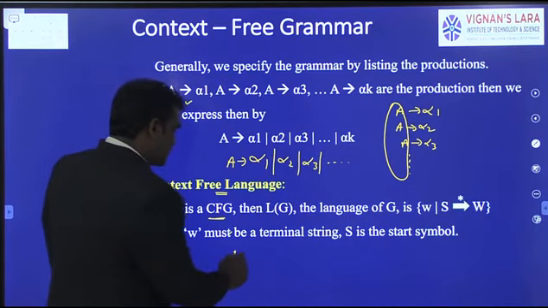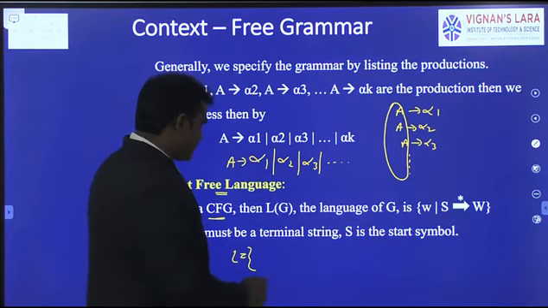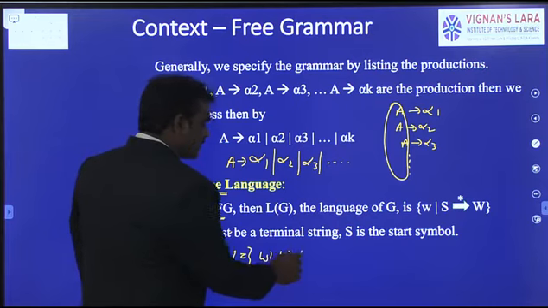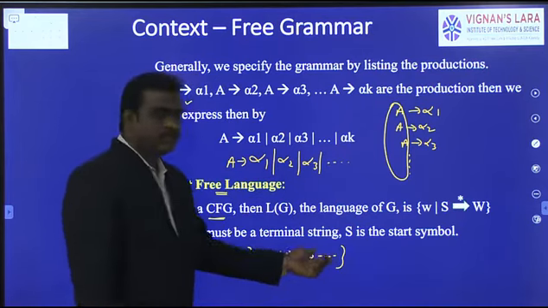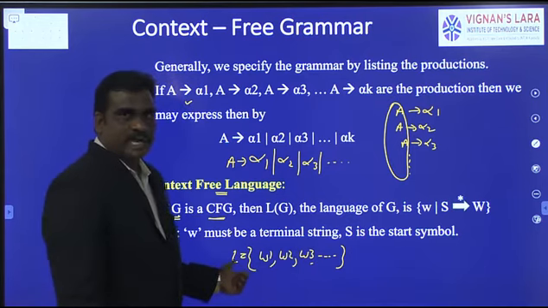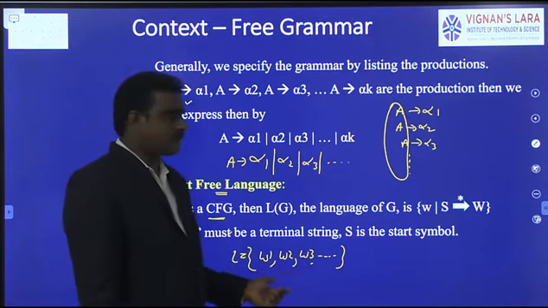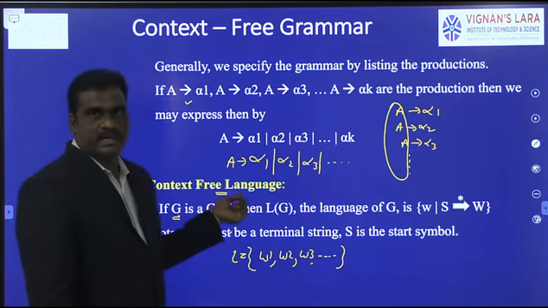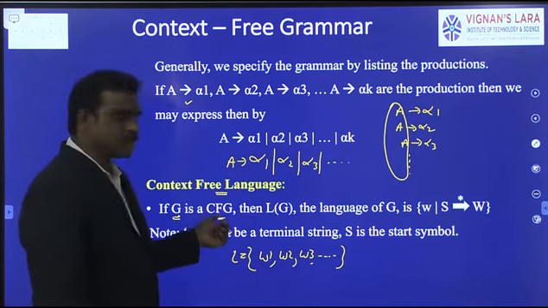Now the language L: suppose we derived some string W1, the second time derived W2, the third time derived W3, like that we have derived some strings. A language is nothing but a set of strings. We call this language a context-free language because the grammar is a context-free grammar.